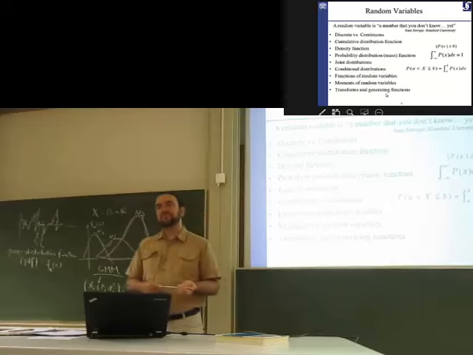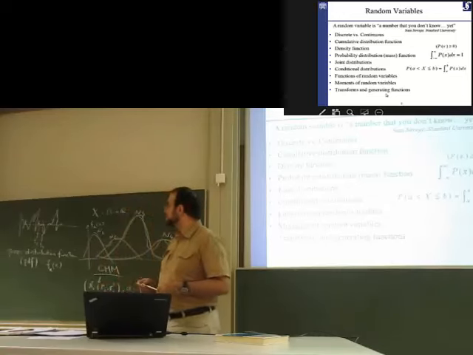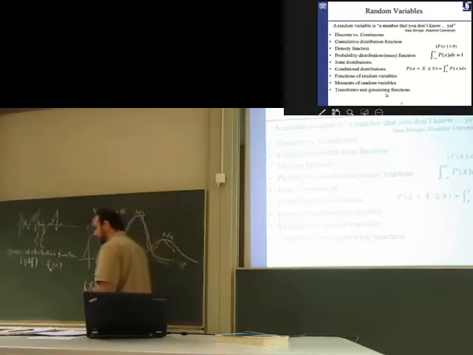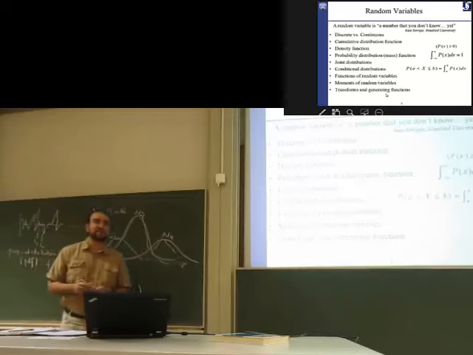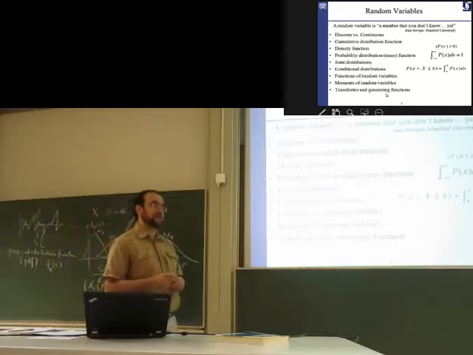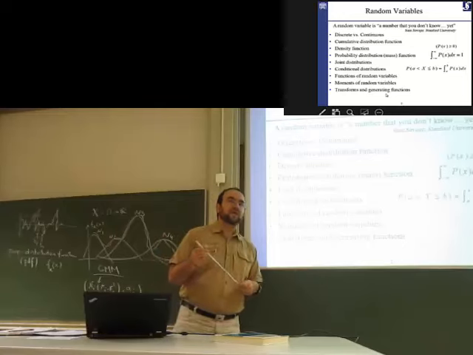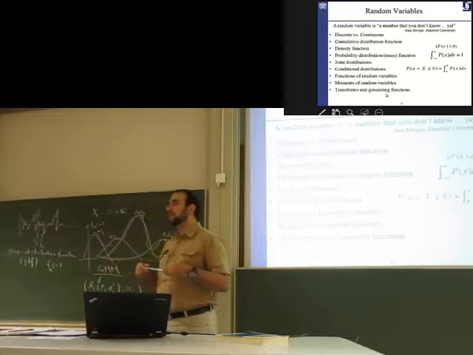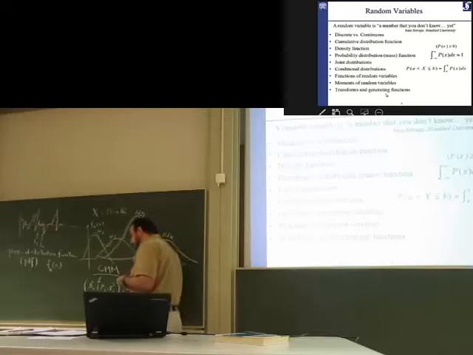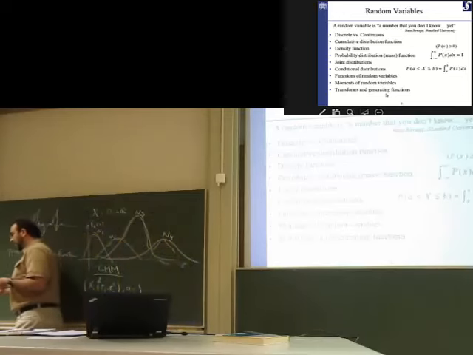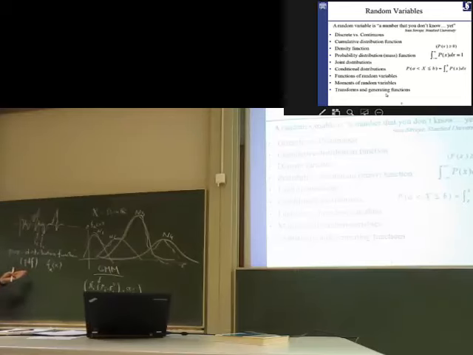So generally, we're not able to get the PDF of a signal. It's really hard to get the PDF of a random variable, because the PDF essentially includes an infinite number of statistics.